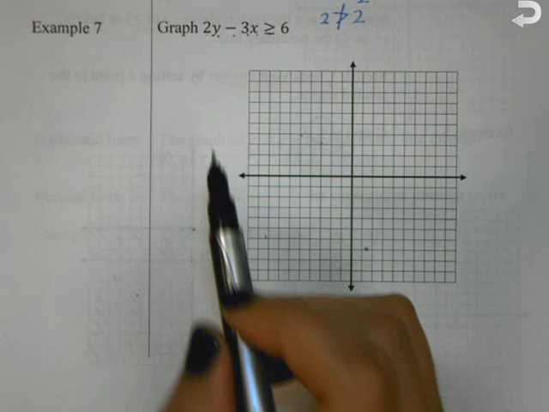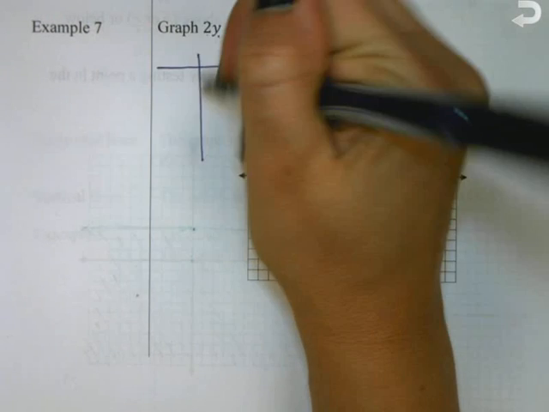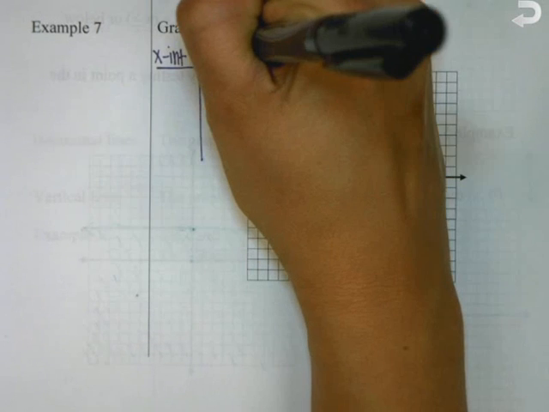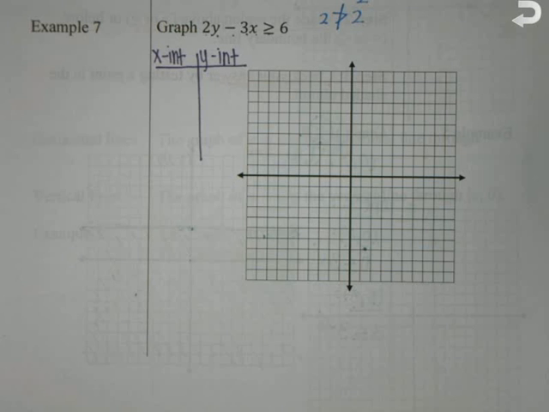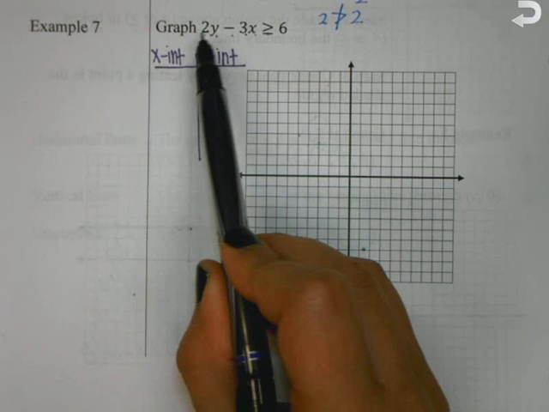So I do my t-chart. I look for the x-intercept, and I look for the y-intercept. Even though y comes first in this one, x and y are still on the same side, so that's why it's standard. The only time it would be y equals mx plus b is if y was by itself.